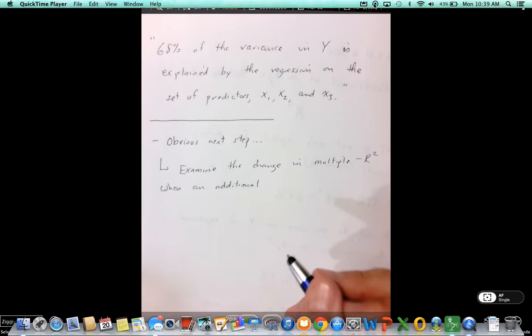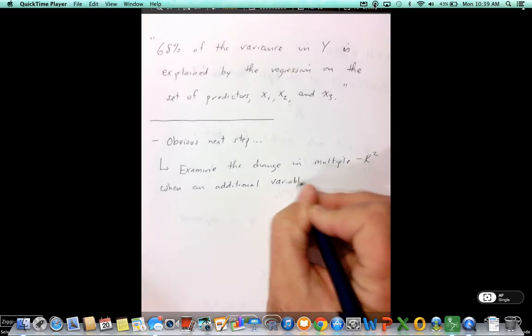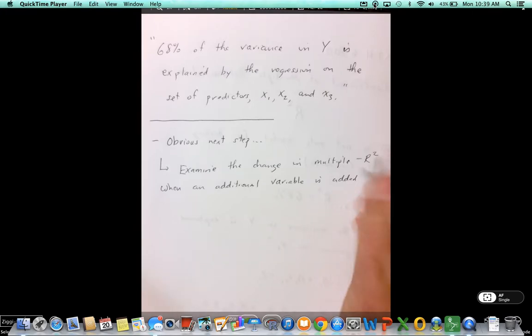So when an additional variable is added to the model.